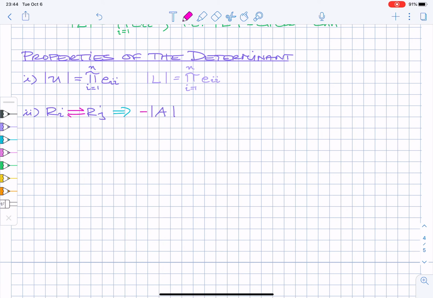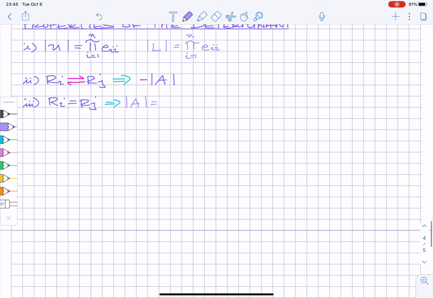Okay, so property number 3. If I have that row i is equal to row j, then this implies that the determinant of my matrix A is 0. So if any two rows are the same, the determinant is 0.